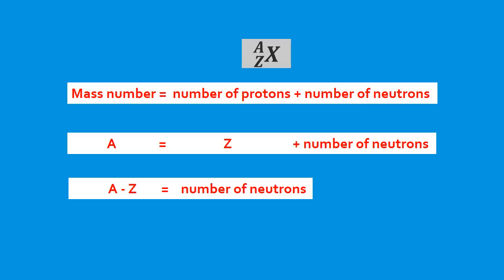So A is equal to Z plus the number of neutrons. If I want to calculate the number of neutrons in an atom, I simply take its mass number and subtract the number of protons, or the atomic number. So mass number minus atomic number gives us the number of neutrons in an isotope of an element.